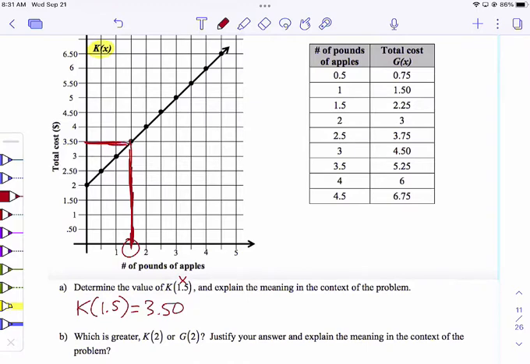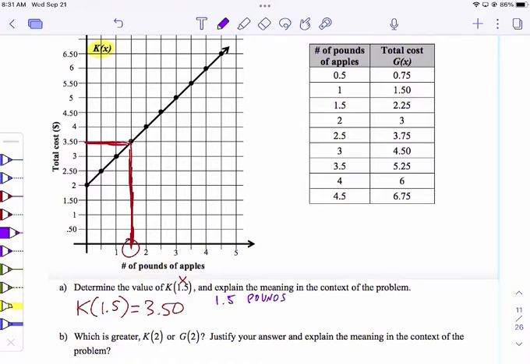And then explain the meaning in the context of the problem. We did this yesterday. We're going to do it more today. By the end of today, you should be good at this. You got to mention 3 things, okay? Just try to remember, you got to mention 3 things. You got to mention this number, and the k. So I'll do this one for us. 1.5 pounds.